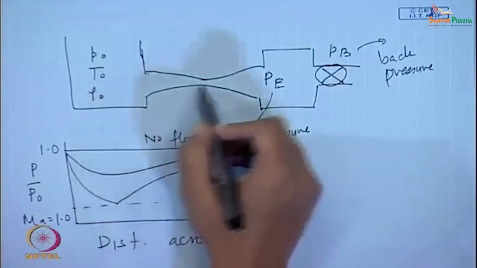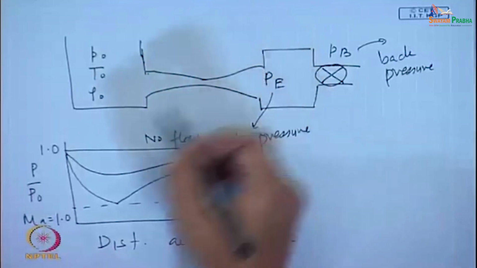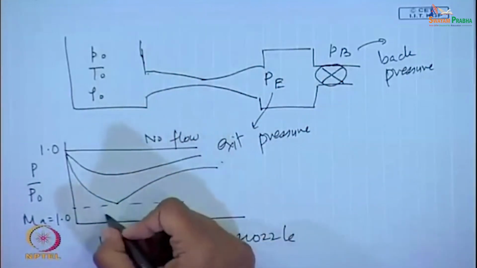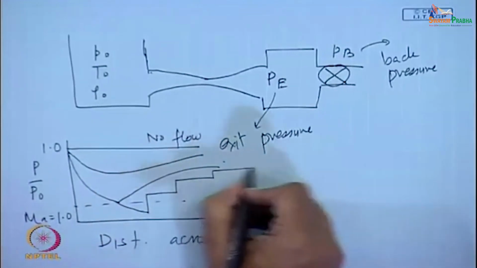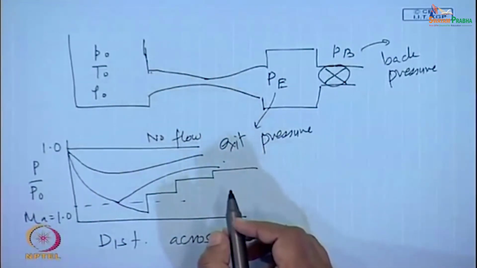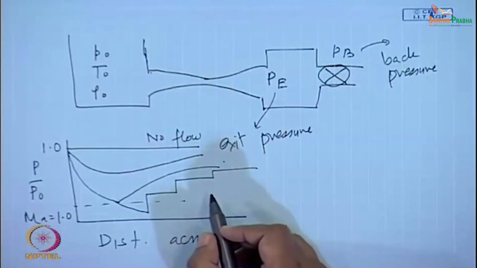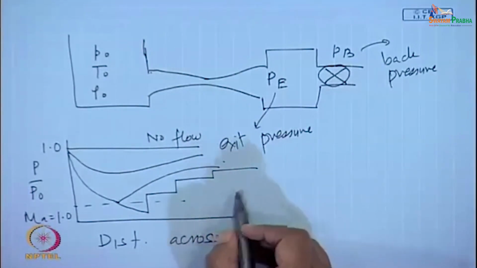But in the diverging section the flow initially becomes supersonic, and then it tries to adjust itself by a series of shock waves, normal shocks standing inside the nozzle. I would not like to go into the details of shock waves, because compressible flow is not my topic, multiphase flow is. I just wanted to teach a little of this, so that you have some idea of compressible flows and can correlate it when we come across that.